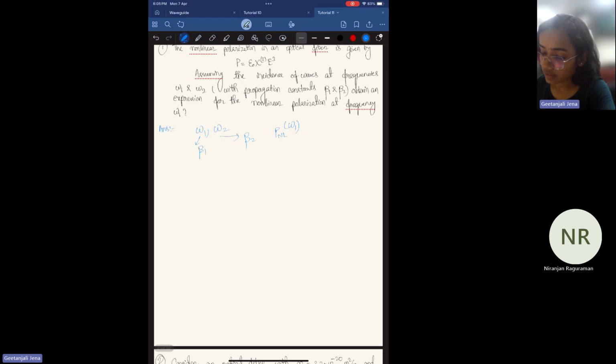You can write the total incident field as a linear combination of the two components, one for omega 1 and one for omega 2.